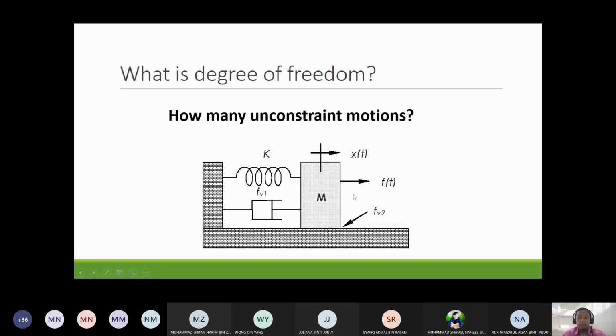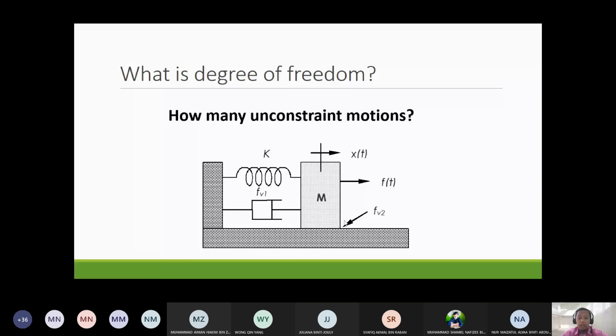This box can move either forward or backward, horizontally. If we fix the box, then everything cannot move.